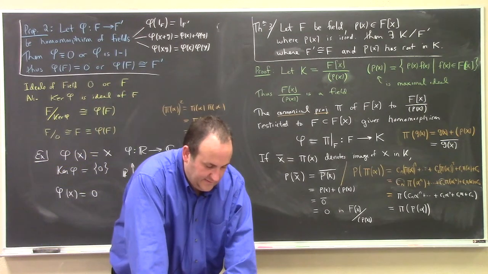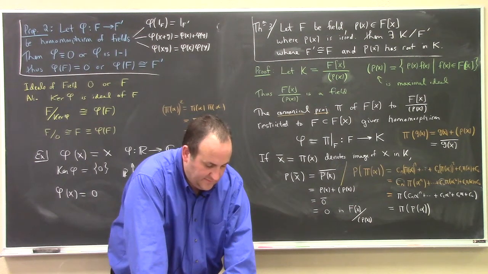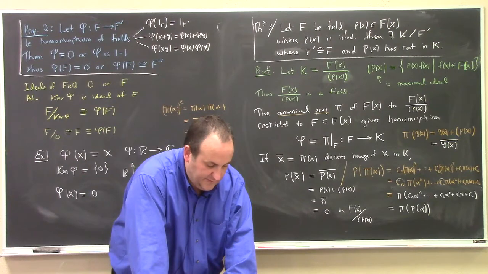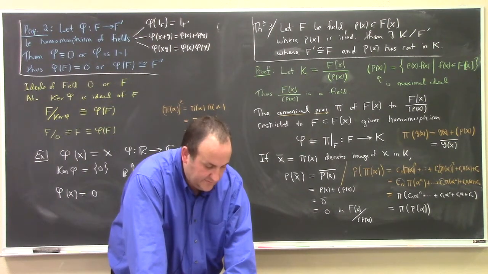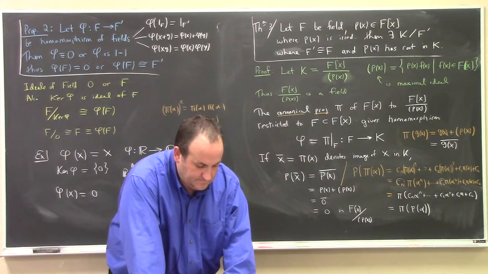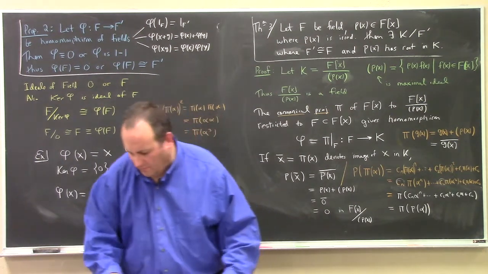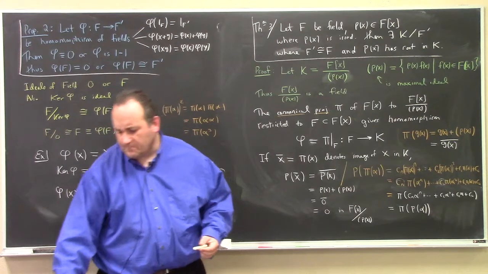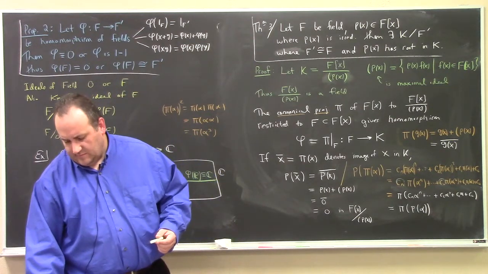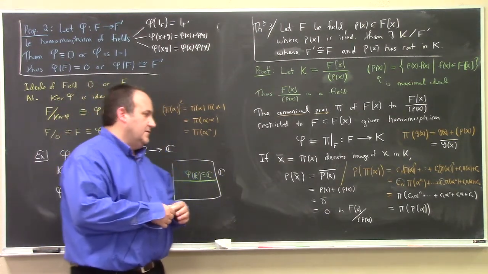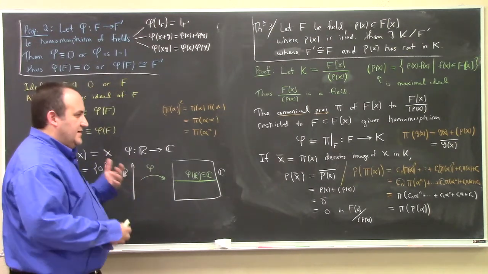So K indeed does contain the root of the polynomial P of x, and K is an extension of F in which polynomial P of x has a root. Our goal in this arc of the course is to study this idea of extension field.